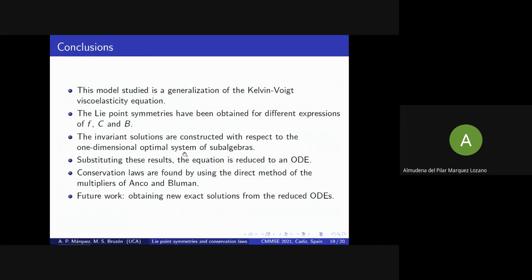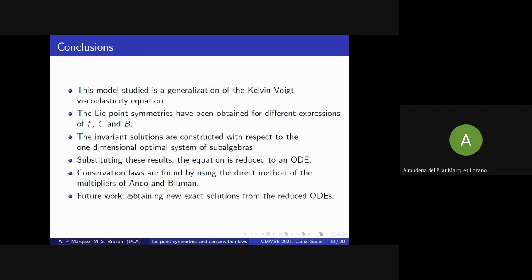Substituting these results, we have reduced the PDE to ordinary differential equations, which are now easier to solve than the original PDE. Also, we have constructed conservation laws using the direct method of the multipliers, which was developed by Anco and Bluman.